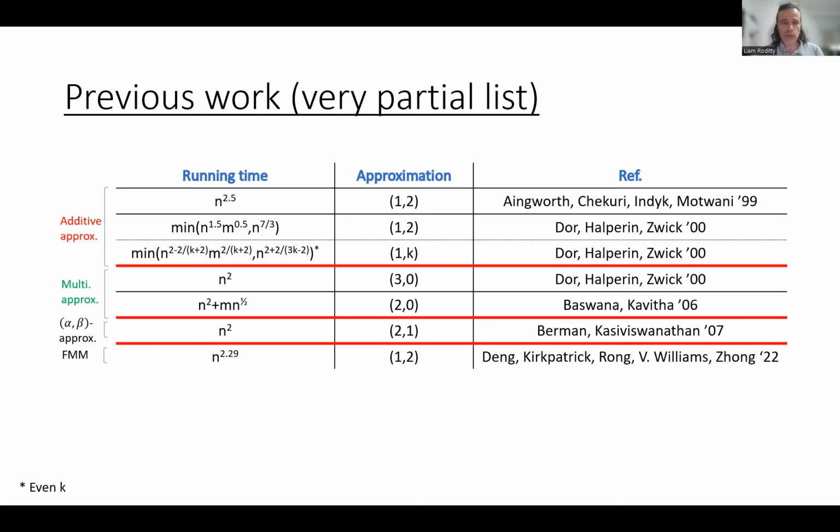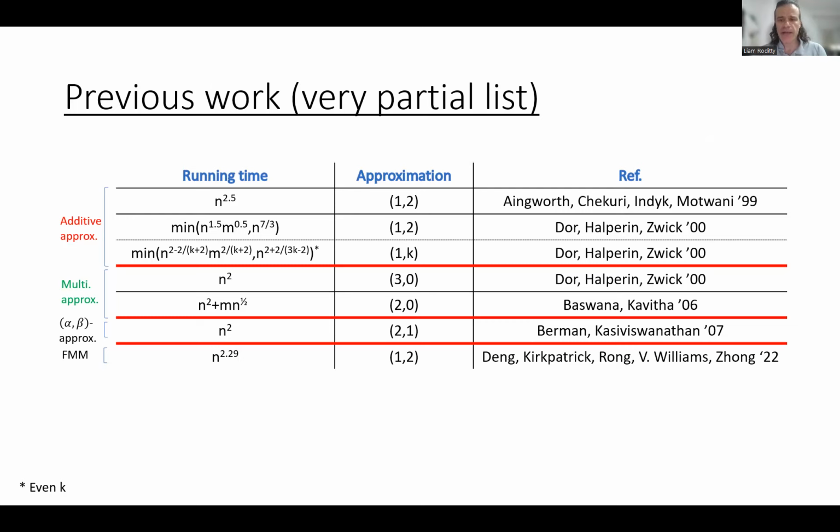Dor, Halperin, and Zwick also obtained a general trade-off. They also got a multiplicative approximation result with a multiplicative error of 3, and this is in n squared time.